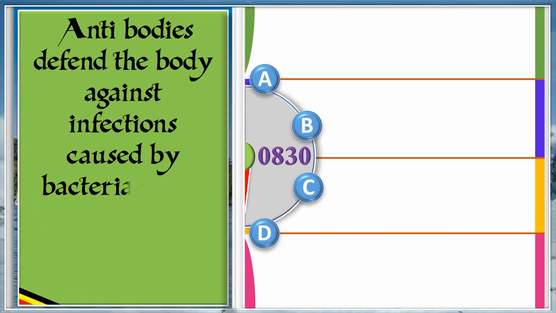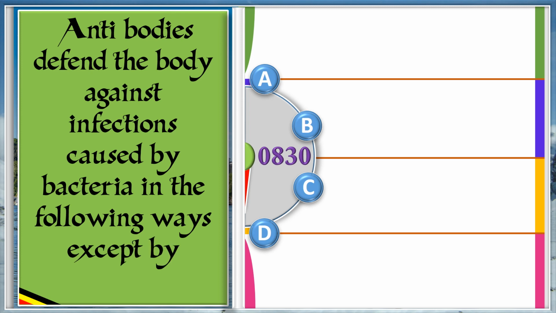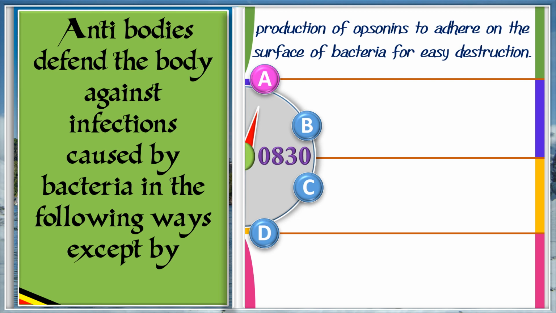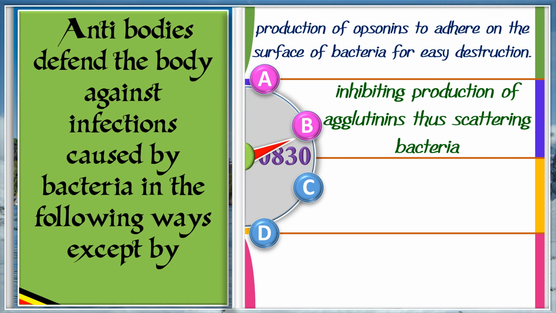Antibodies defend the body against infections caused by bacteria in the following ways, except by A. Production of opsonin to adhere on the surface of the bacteria for easy destruction. B. Inhibiting production of agglutinins, thus scattering bacteria.